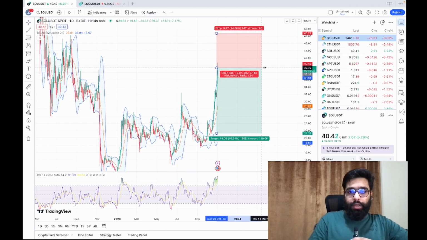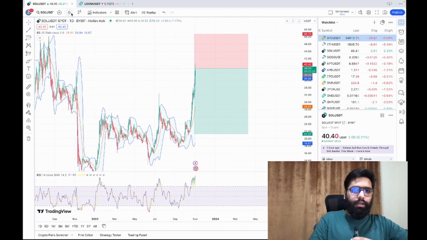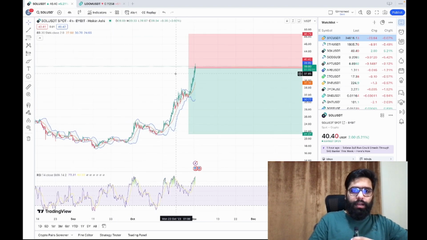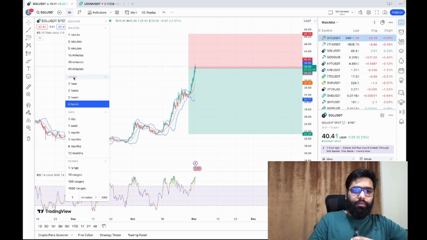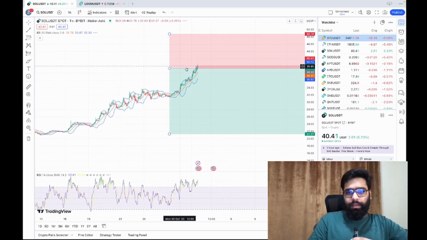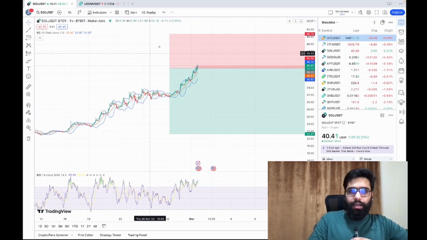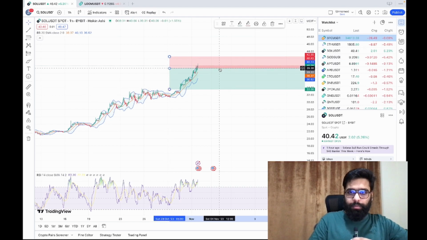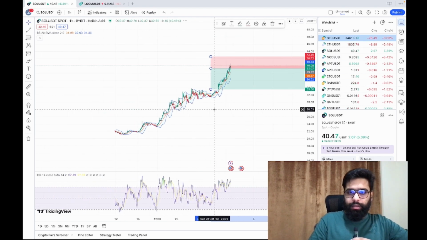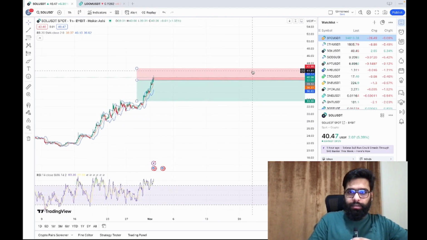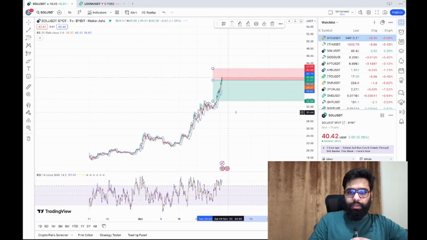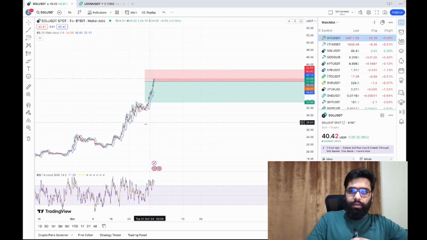It will take a pretty long while though, but what you can do is go into the 4 hour time frame, or you can go on a 1 hour time frame and short it down to this region, and it will still be a good trade. It will be a 1 to 2 hour trade.